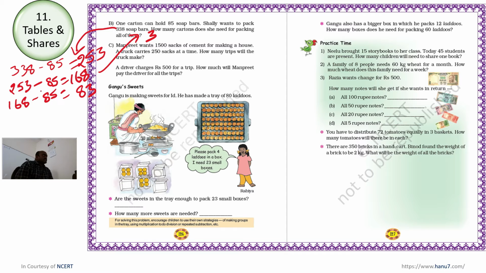So the first iteration was 253, second iteration was 168, and third iteration is 83. Don't look at how many times you are doing the subtraction here, but look at how many are left after doing the subtraction. This is left, so one iteration is over. Similarly after the third subtraction, this much is left.